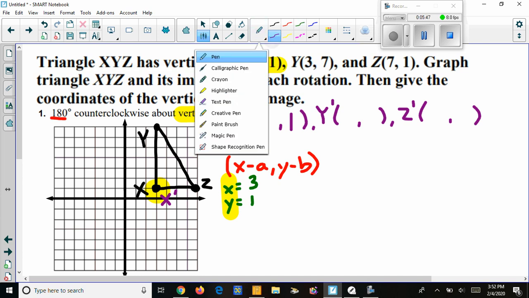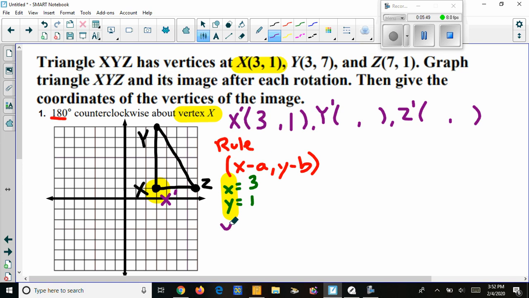Let's talk about now how to find Y prime. For Y prime, I need to know, first off, that X is 3, Y is 1. And then I need to figure out what is A and B. So I can subtract those from 3 and 1.